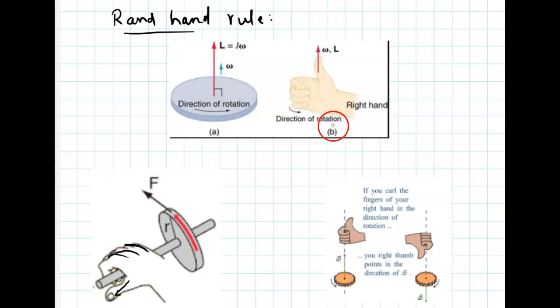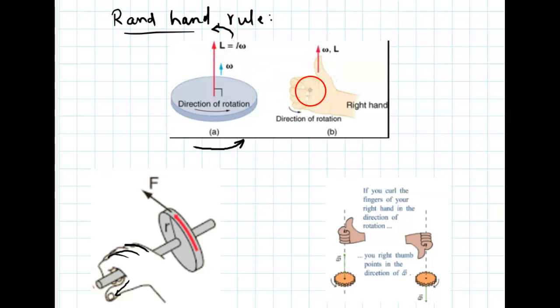We can find the direction of angular displacement. So what are we going to do? Just you have to see the direction of rotation, and this is the axis of rotation. Now you have to curl the axis of rotation in this way.